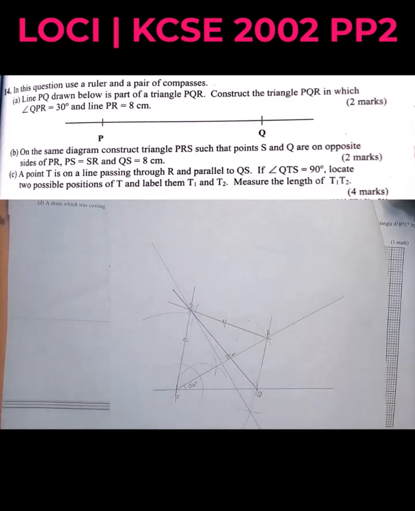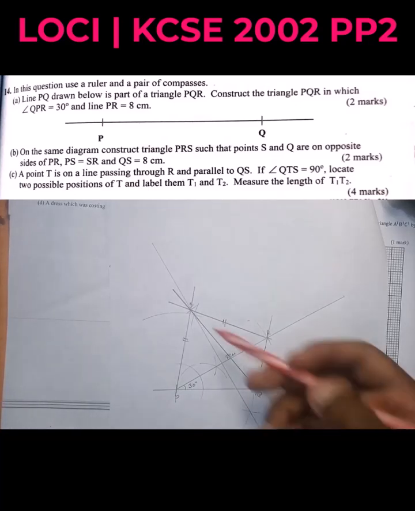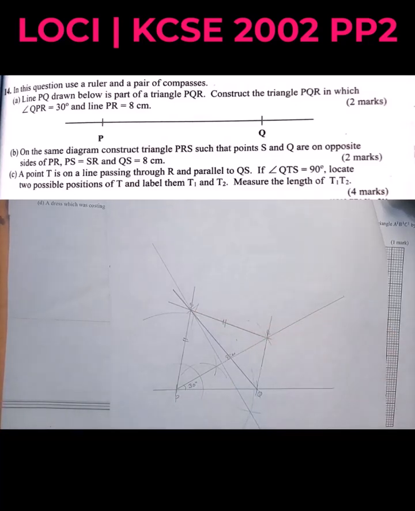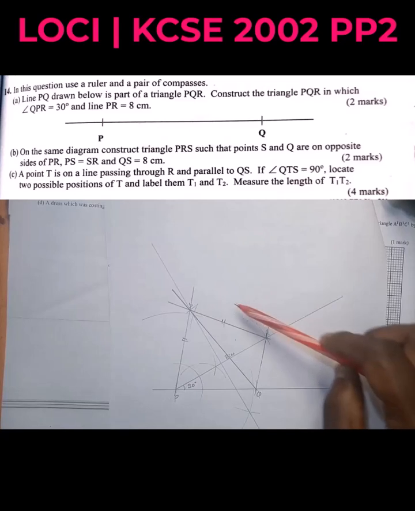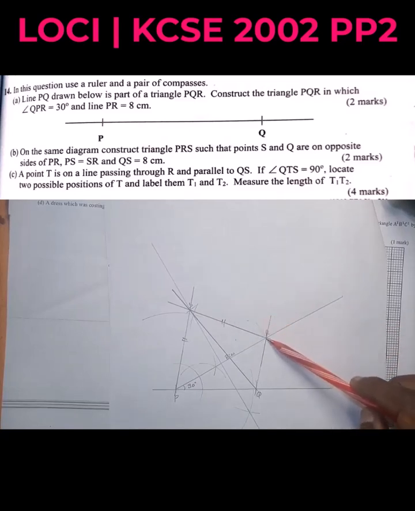So we need to construct a parallel line to QS passing through R. That line should be somewhere here, but it should pass through R.